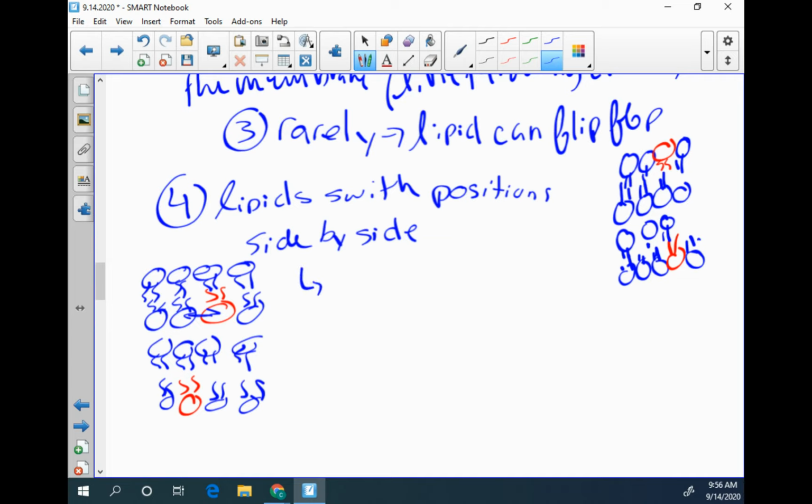On average, lipids move 2 micrometers per second, which is the length of many bacterial cells. These guys move fast.